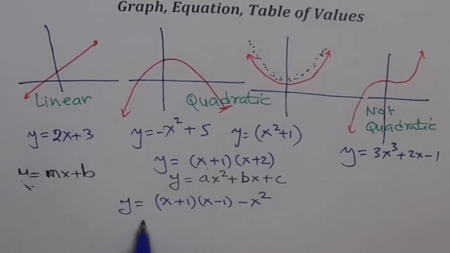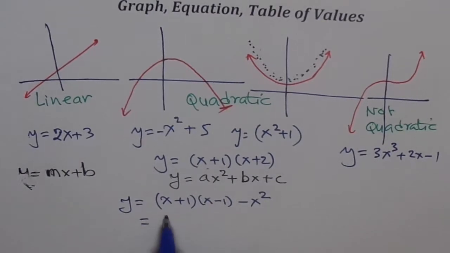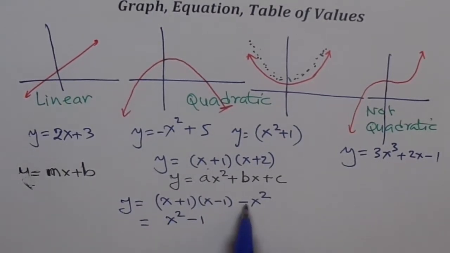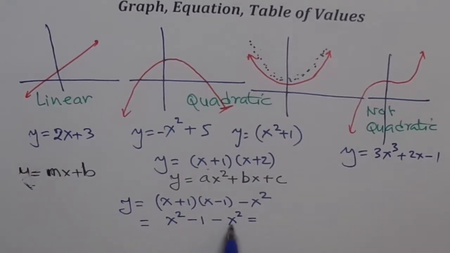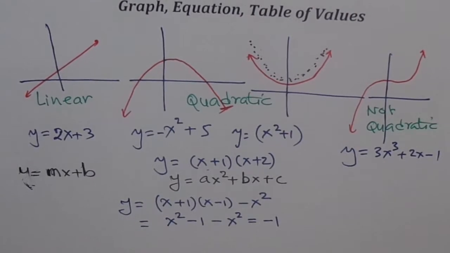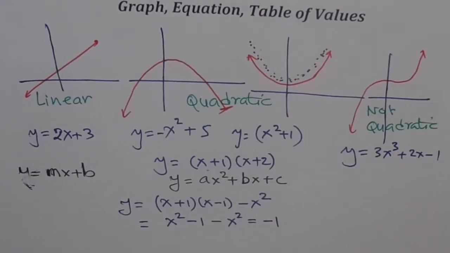But when you simplify it, what do you get? x plus 1 times x minus 1 is x squared minus 1, and minus x squared will give us what? x squared minus x squared is 0, and you're left with just minus 1. So definitely this is not a quadratic function, right? So sometimes the equation may be misleading. You need to simplify it and then look at it very carefully before jumping to conclusions.